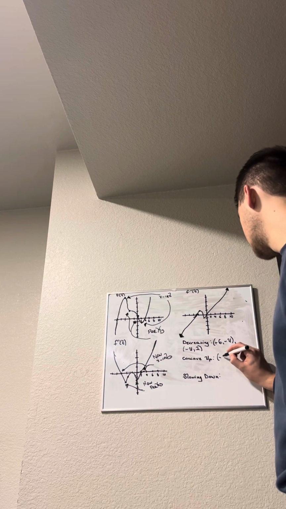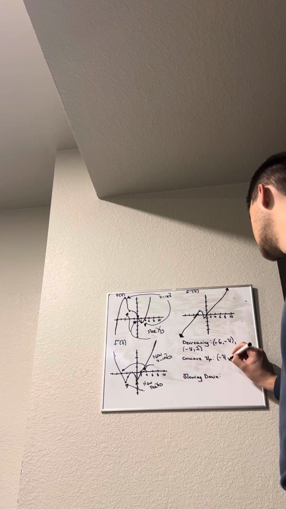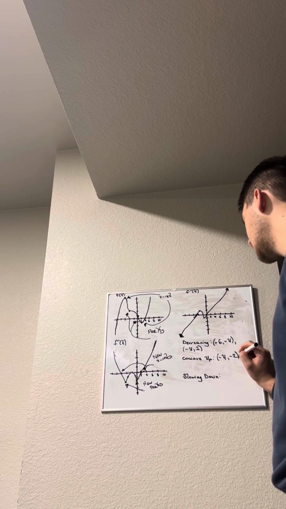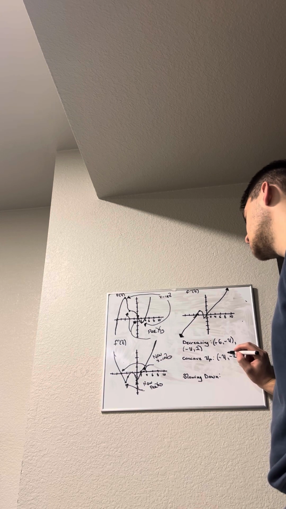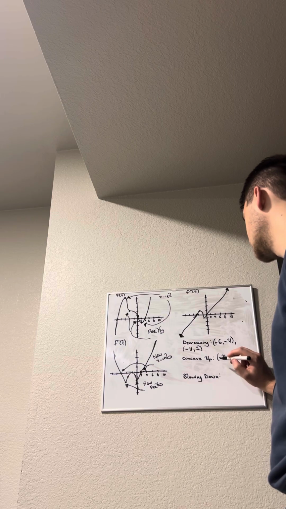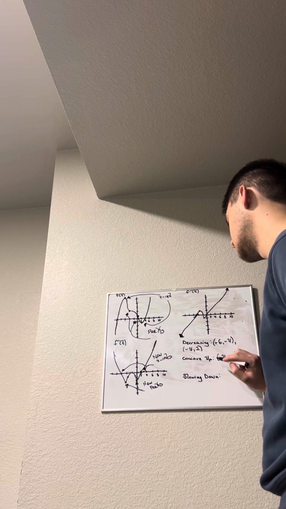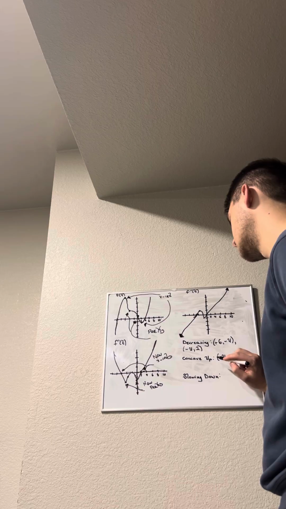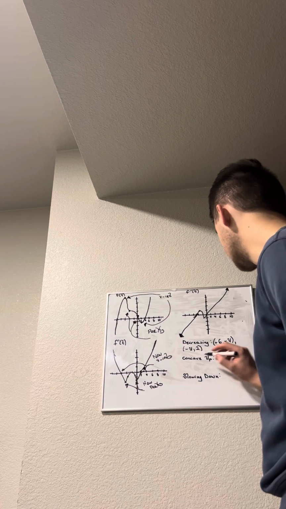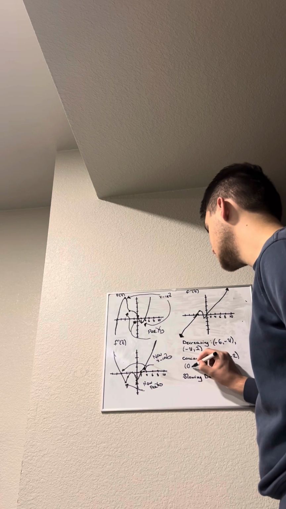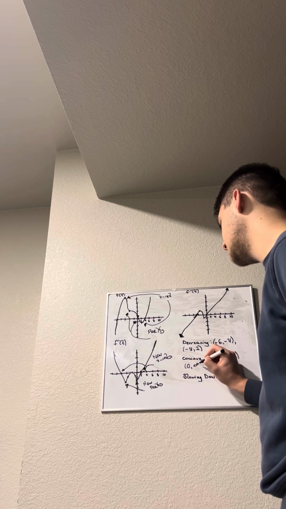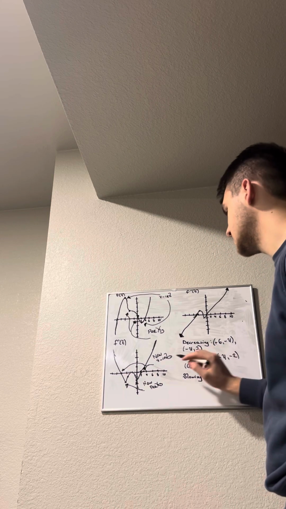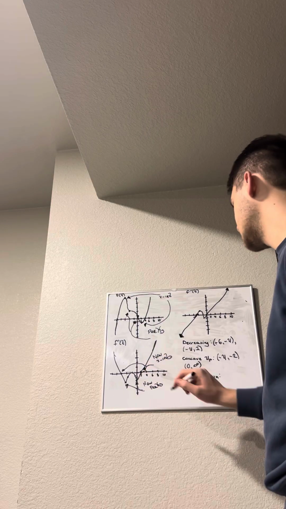So from -4 to -2, and then it's also concave up from 0 to 2 as well. Or we can just say 0 to infinity at this point, because it goes beyond 2.